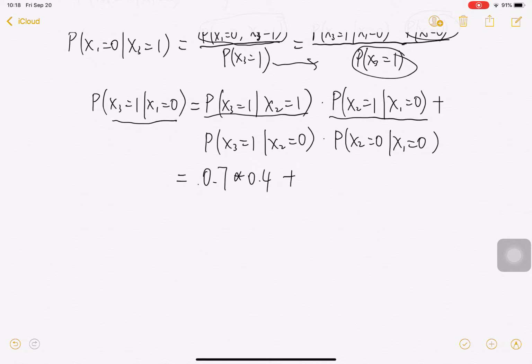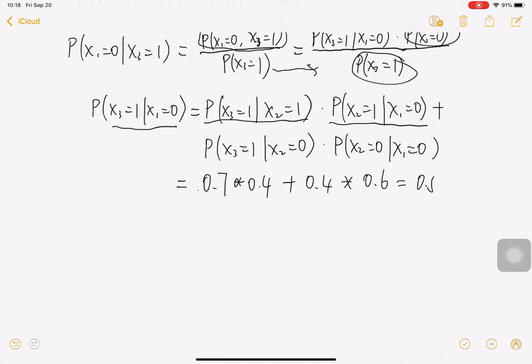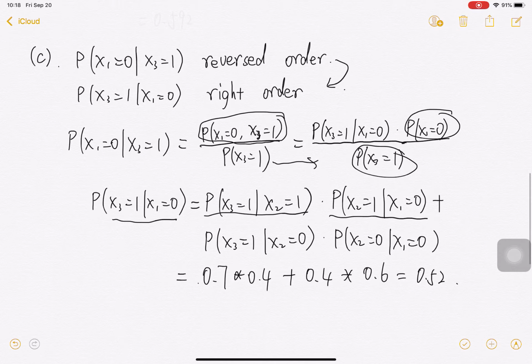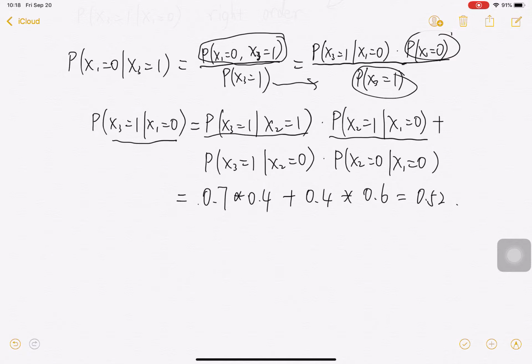You have to get to the calculation part, so it's 0.4 times 0.6. So finally we can have 0.52 as the probability of x3 equals 1 given x1 equals 0. So right now we can take this value into this equation here. So for the answer to question C, we can have the final answer.